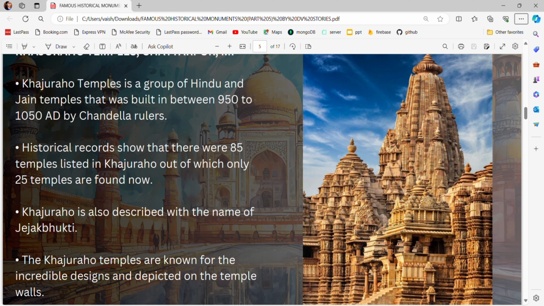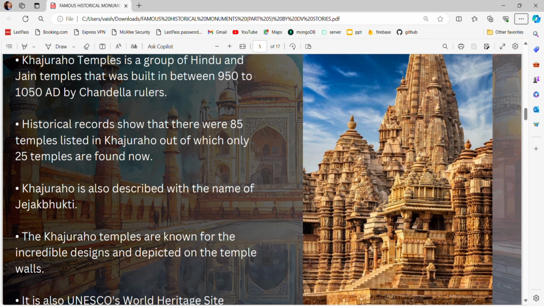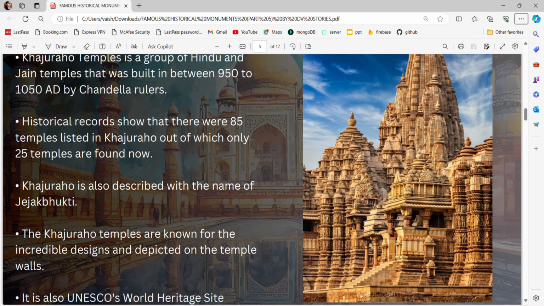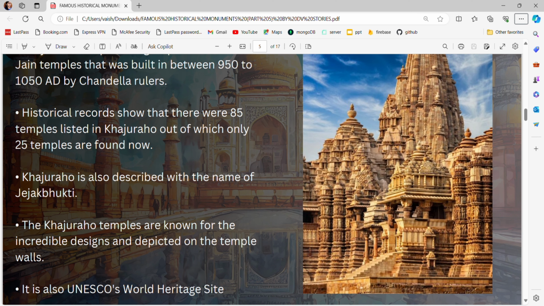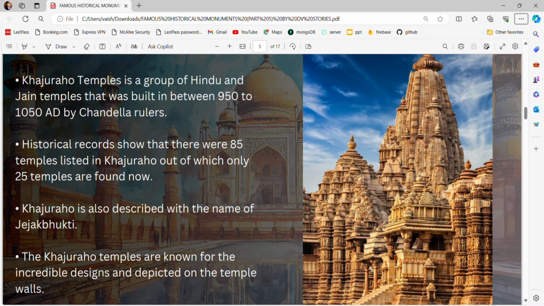Historical records show that there were 85 temples listed in Khajuraho, out of which only 25 temples are found now. Khajuraho is described with the name of Jejakabhukti. The Khajuraho temples are known for the incredible designs depicted on the temple walls, and it is also a UNESCO World Heritage Site.